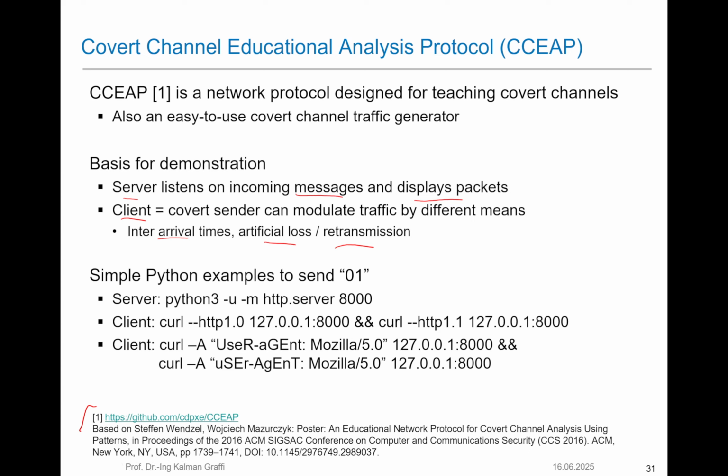Basically he's a professor in applied sciences, also in security, and he built this kind of tool. You can start a server listening on port 8000. You can send an HTTP 1.0 request and an HTTP 1.1 request to it, and the server will show that these requests have been received. One thing you can do by hand, not yet related to the program, is using just Python and curl to interact with the server.